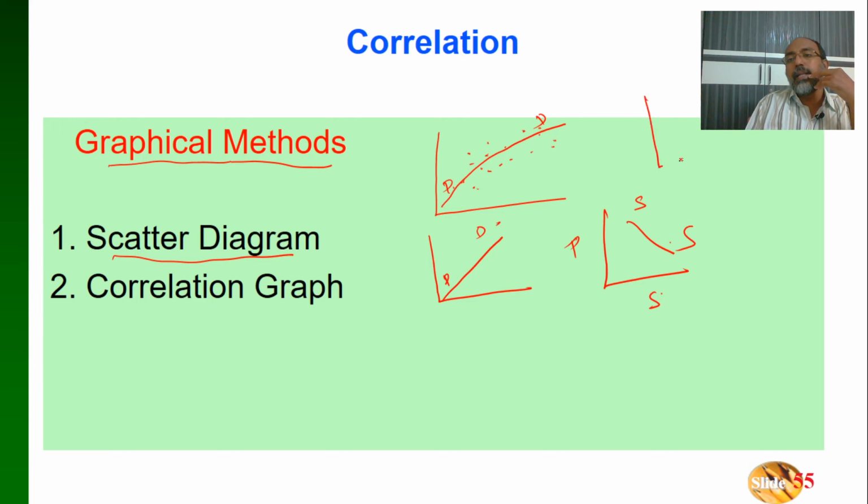Whereas with demand and price, it is like this demand curve. With regard to demand and supply, the behavior changes. One is supply, one is demand. I'll correct it.